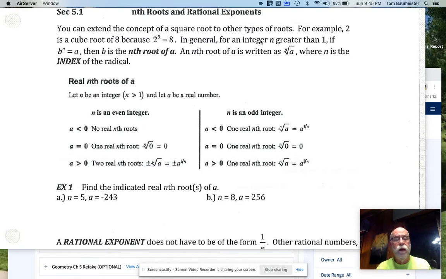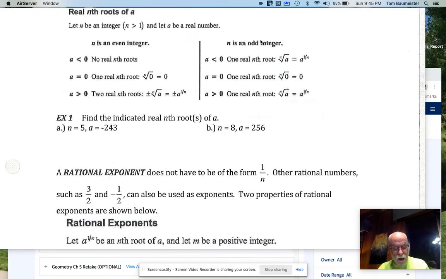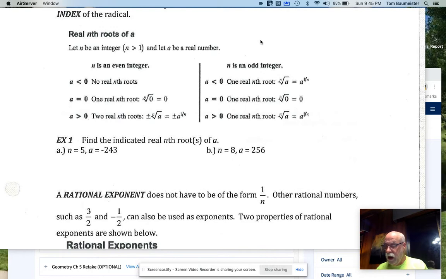So example 1, find the indicated real nth roots of a. On the first one, we have n is equal to 5. Well, if n is equal to 5, you know that is odd, right? And a is negative 243, so we know that that is less than 0.